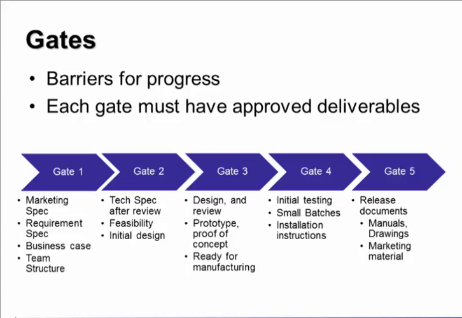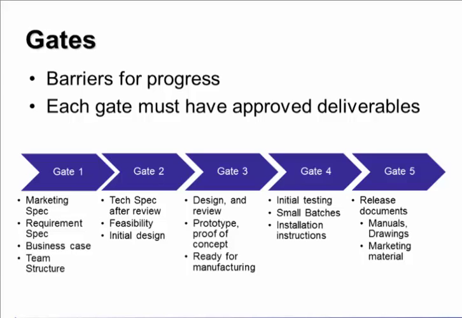Now, the gate itself is the analogy that you have to keep the gate closed before the next progress can occur. So hence you have a series of gates, with activities occurring before getting to the gate, and at the gate you have to prove that you have produced a series of deliverables, which then have to be approved by the team for the gate to be passed.